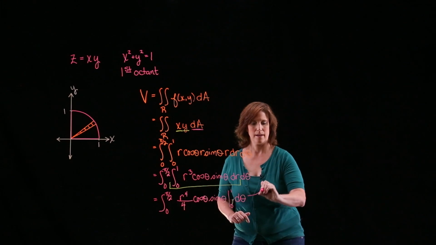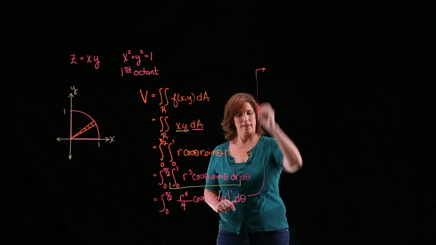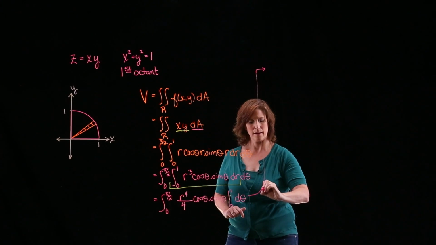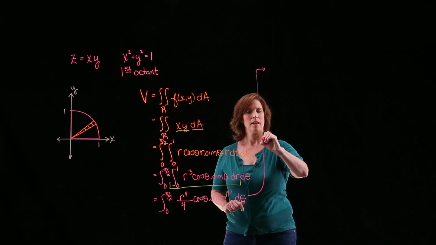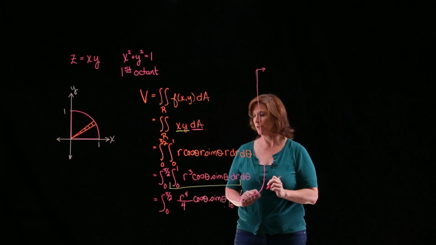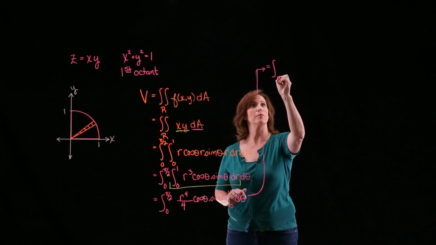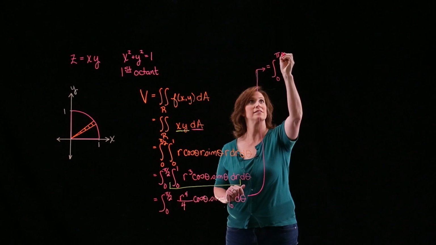All right. The next thing I need to do then is to plug in my upper and lower limits of integration. So I have the integral still from 0 to pi over 2. I haven't touched that outside integral yet.